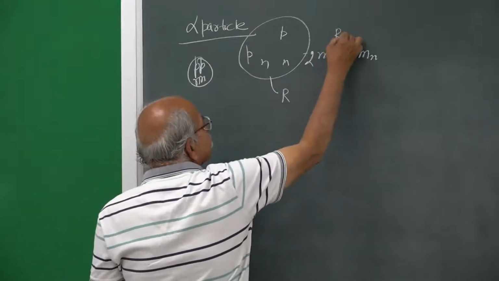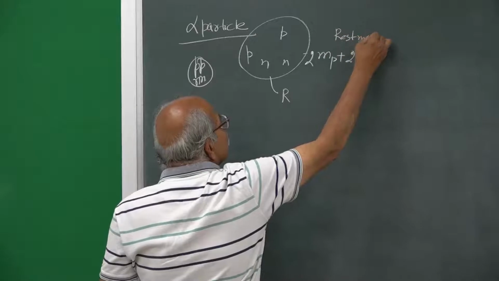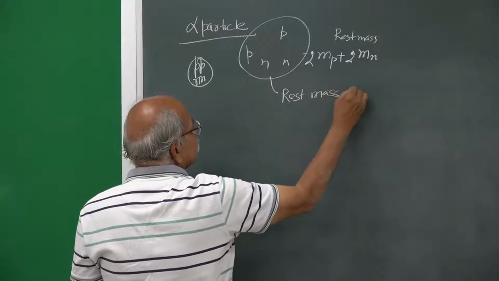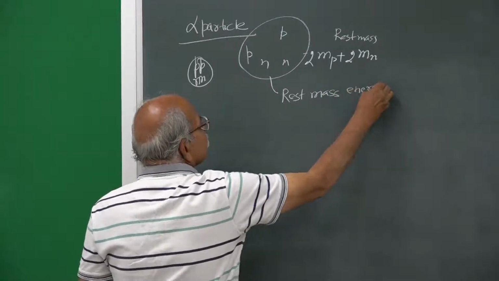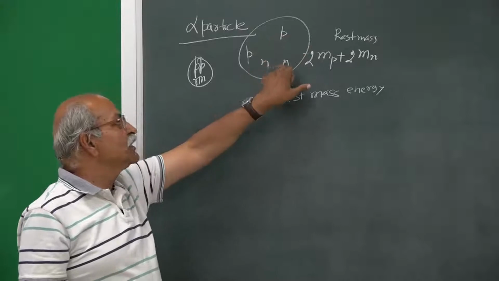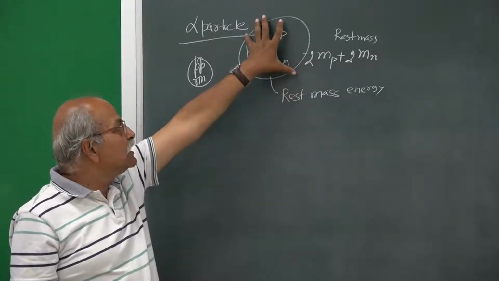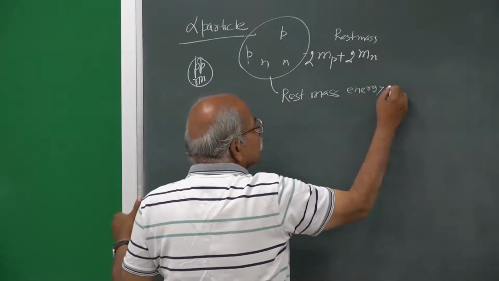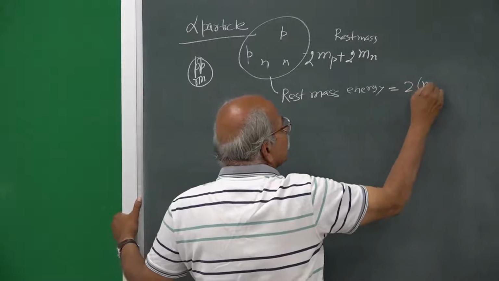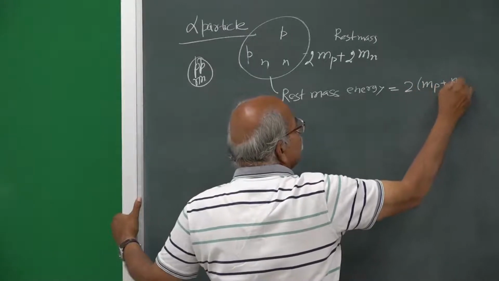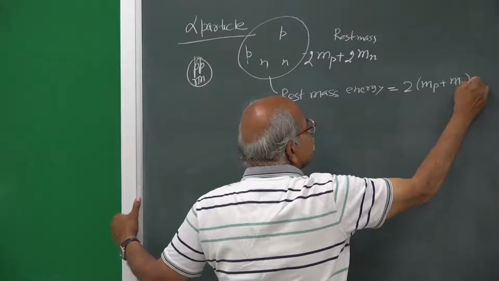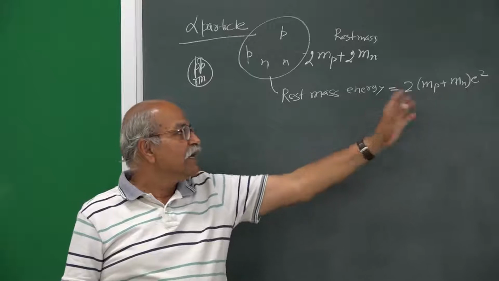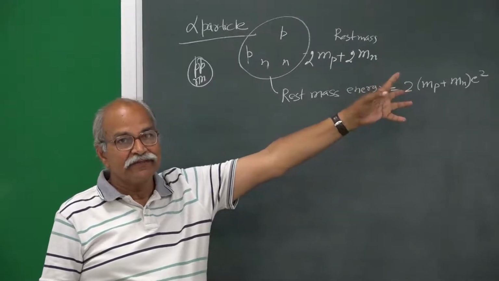There is no kinetic energy, none of them is moving. So, for this combination the rest mass energy is this multiplied by c², so it is (2mp + 2mn)c². Just the addition of 2 proton rest mass energies and 2 neutron rest mass energies.